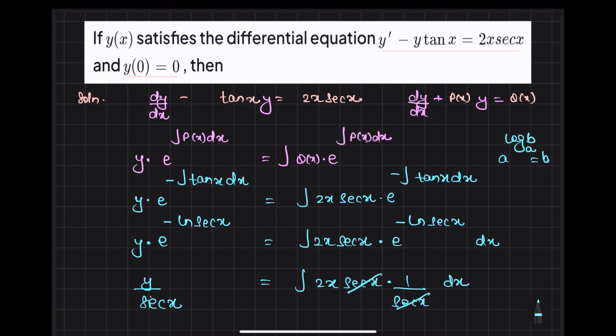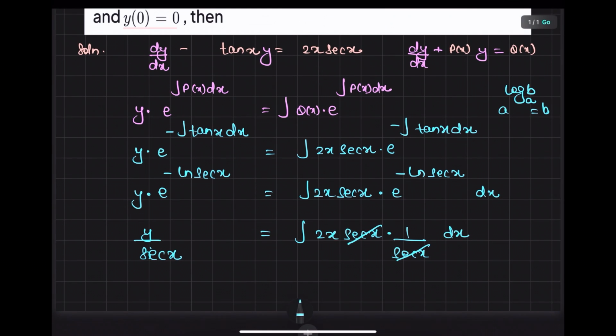This thing gone. Now let's write down the final result. So we have final result as y by sec x is equal to 2 times x square by 2. So 2 gone, we are left with x square plus integration constant c.